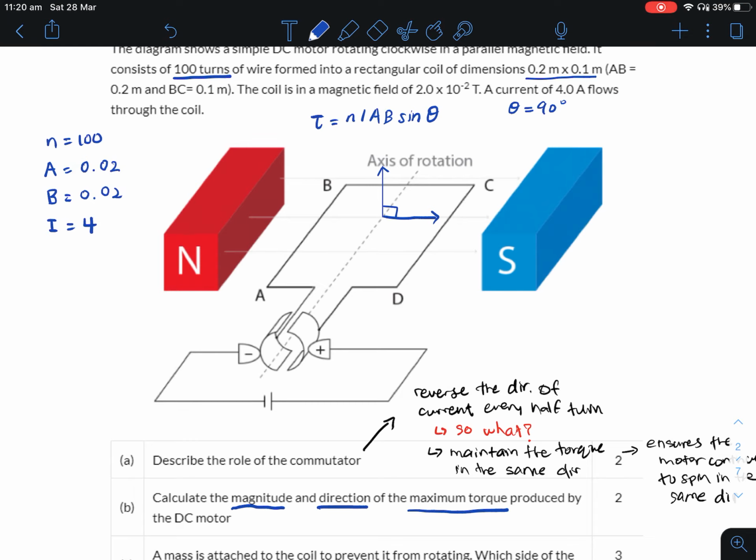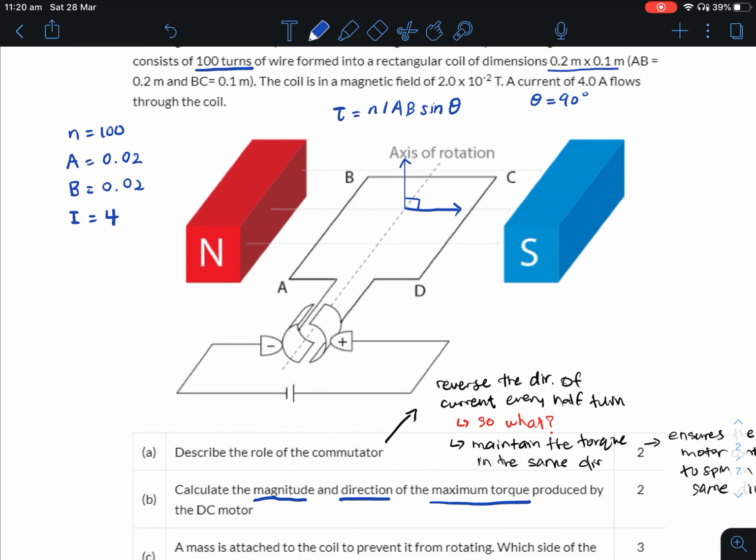Okay? And so all we need to do now is just quickly to substitute all these values into our torque equation. And so we get that torque is equal to 100 multiplied by 4 multiplied by 0.02 multiplied by 0.02 again times sine of 90 degrees. Okay?